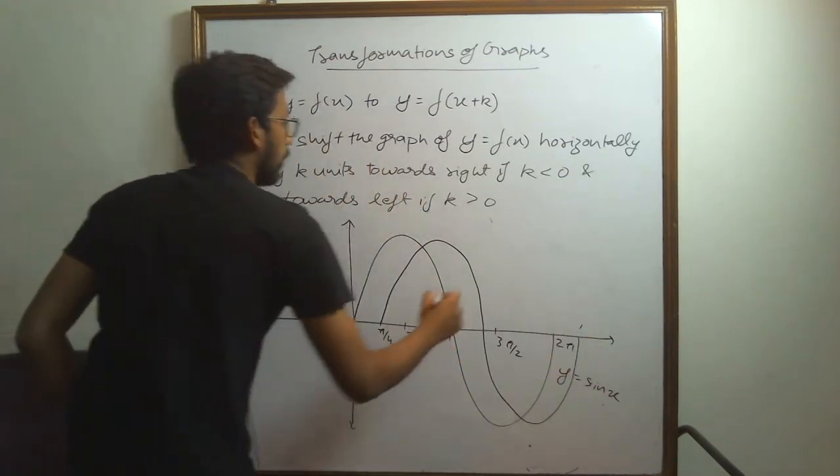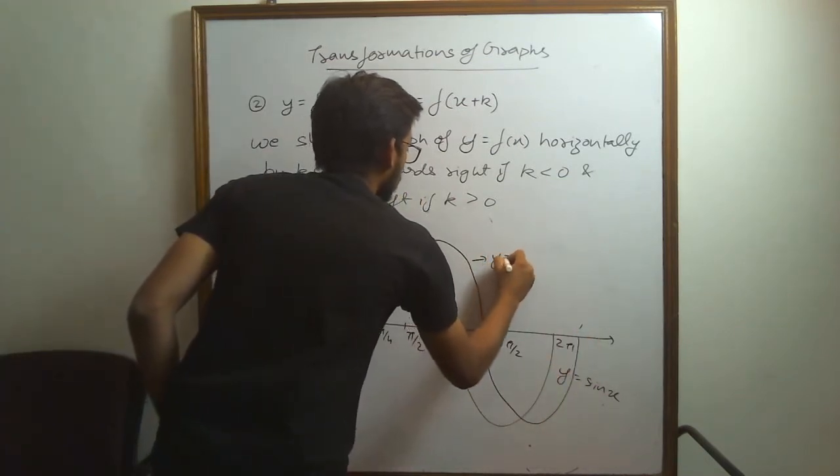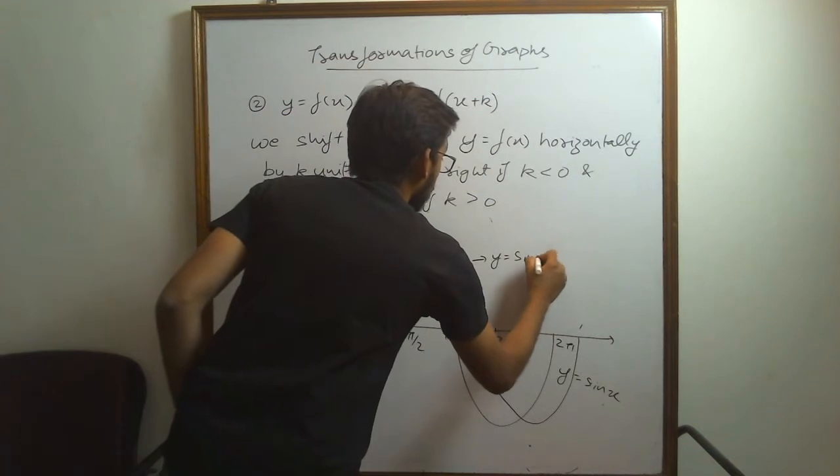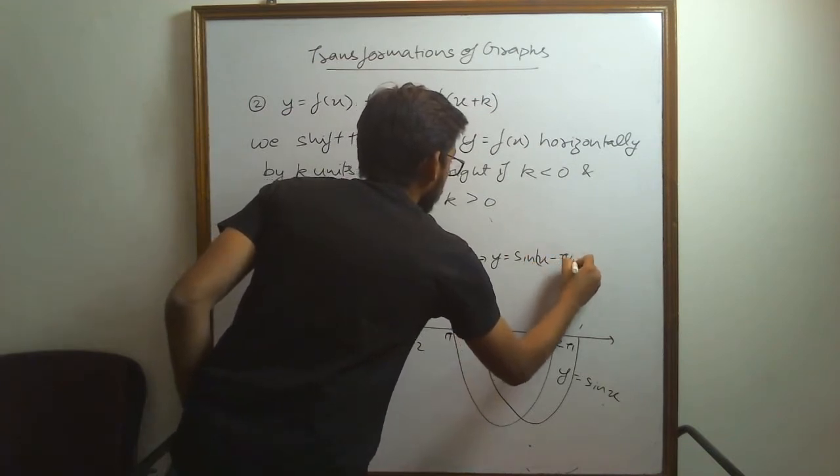This will be the graph of y is equal to sin x minus pi by 4.